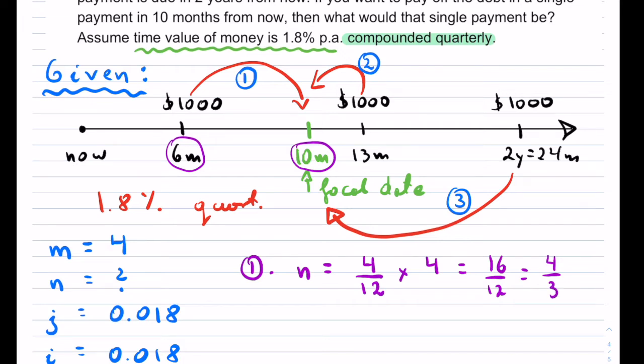I'm going to keep it that way because if you put it in as a decimal, you're going to get 1.33333333. Don't round it. I'm going to keep it as an actual fraction.